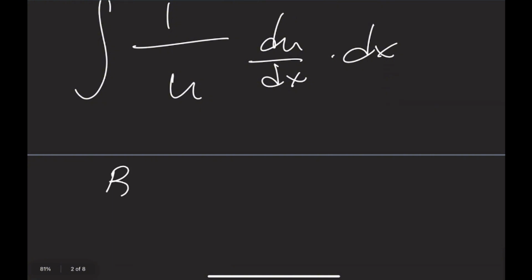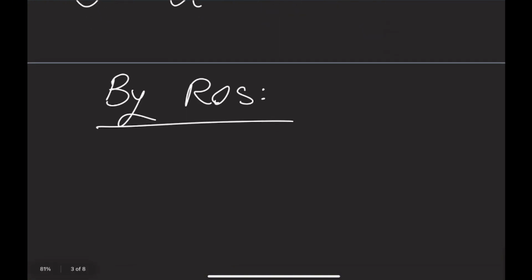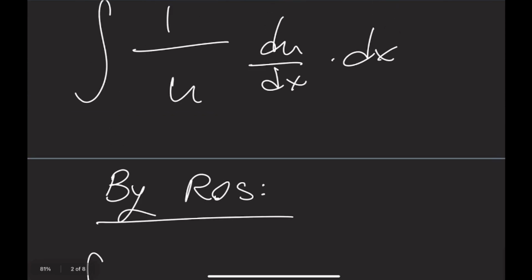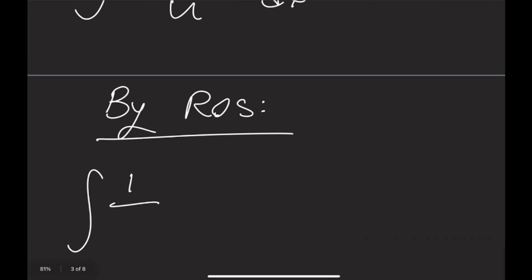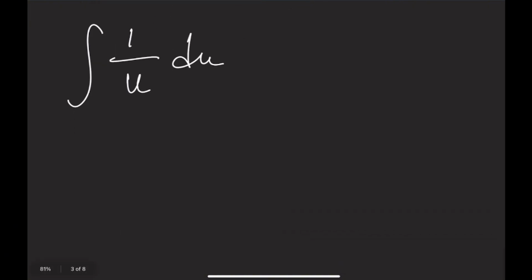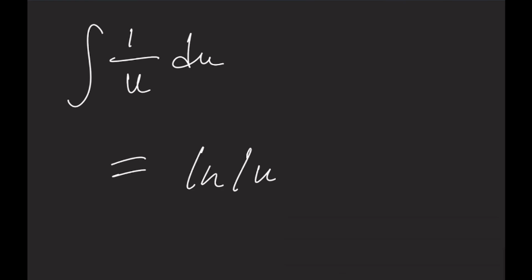And so by the rule of substitution, we can say that this is equal to the antiderivative of 1 over u times du. This is the easiest integral ever. If you don't know this, I don't have to tell you. This is going to be equal to ln, the absolute value, remember, plus c.